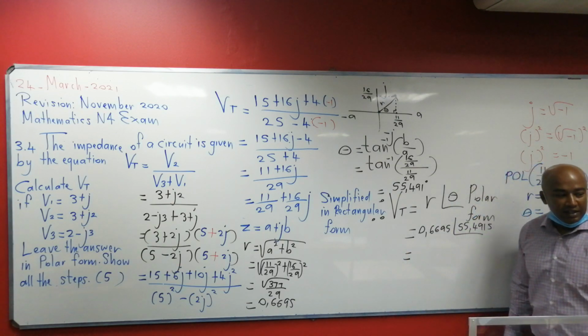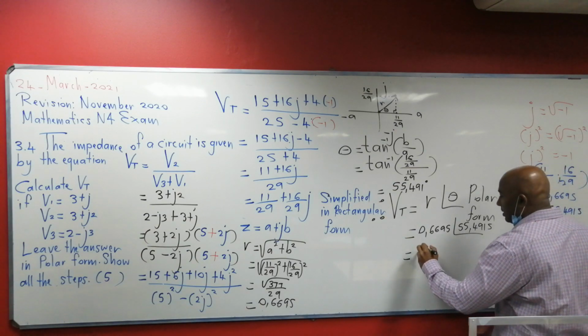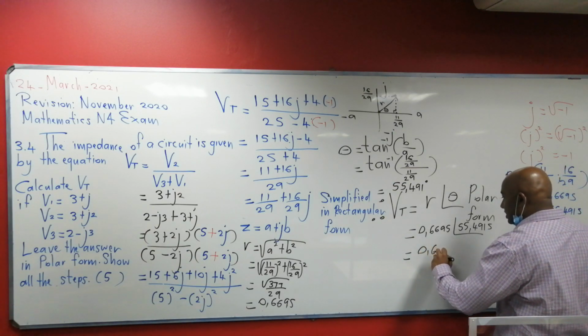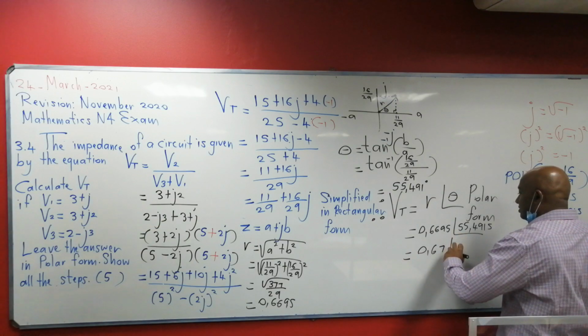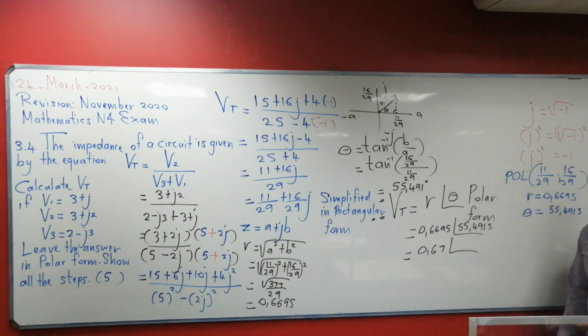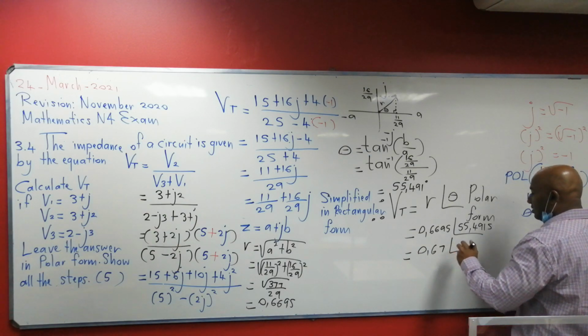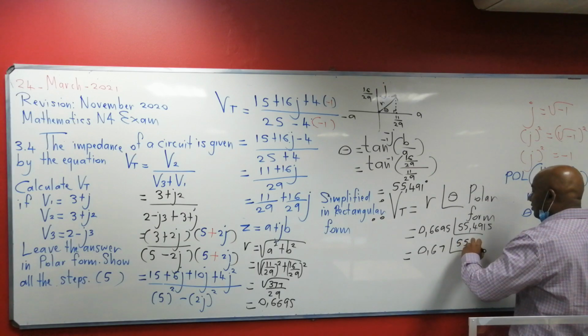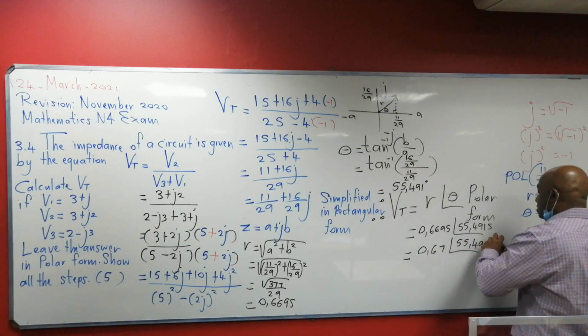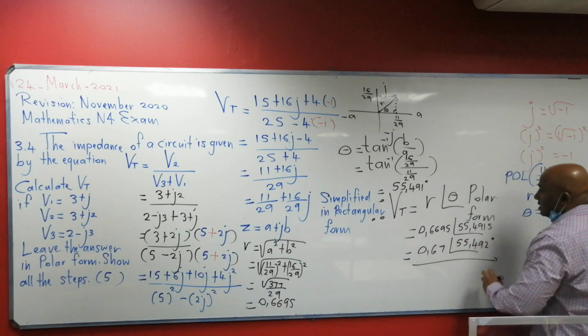We normally round up to 3 decimal places, so that's 0.670, because the 9 cannot change to a number, it changes to a two-digit number, which is 10. So that's 0.670, and this is 55.492 degrees.